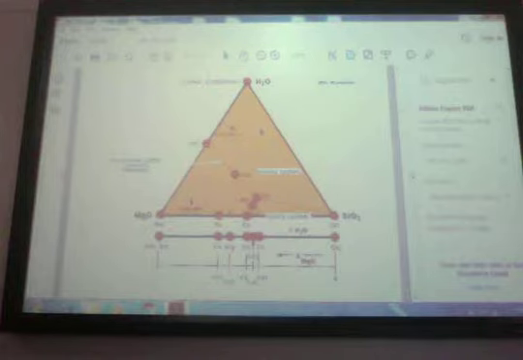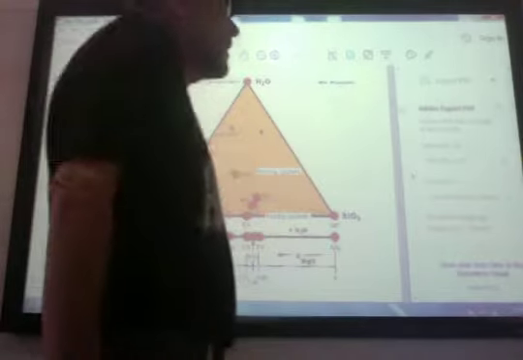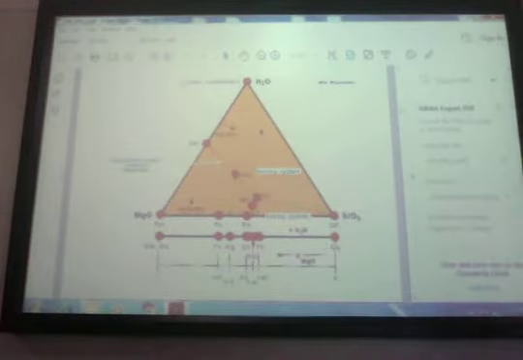So if huge portions are hydrated and you are forming antigorite, then this oceanic crust has a lower density compared to the continental crust, and then you will not subduct it, then you will obduct it, yeah?